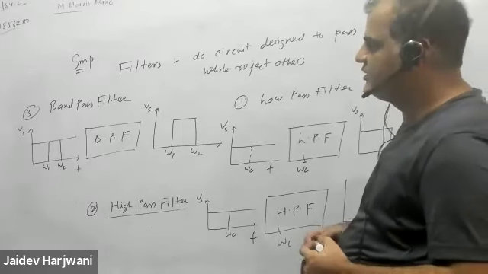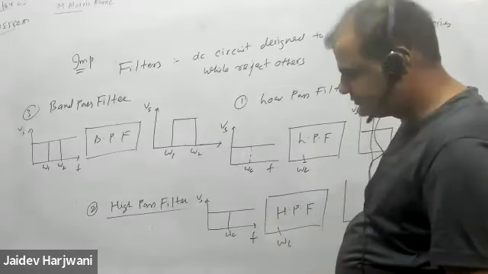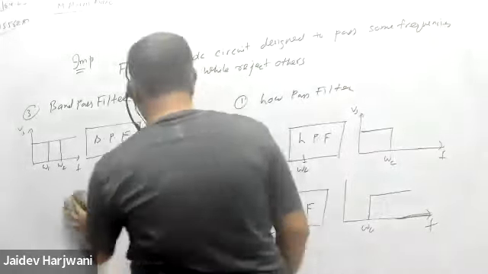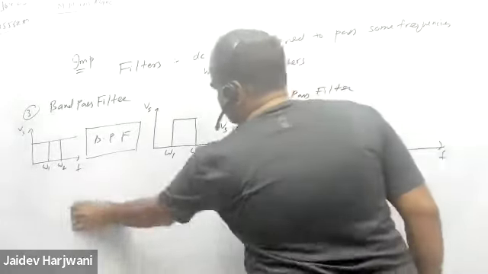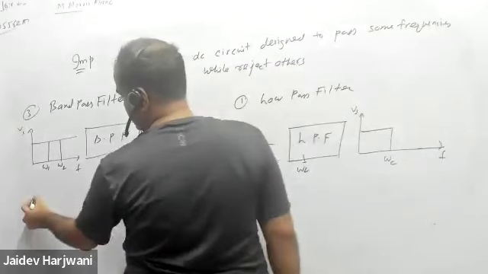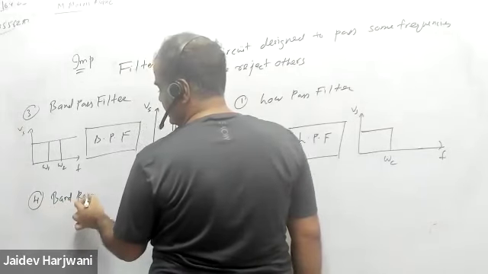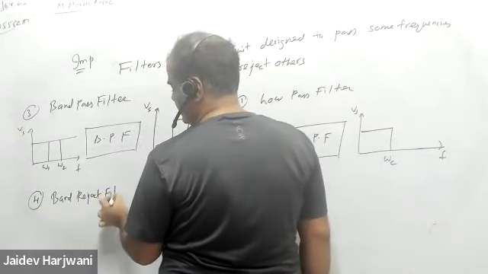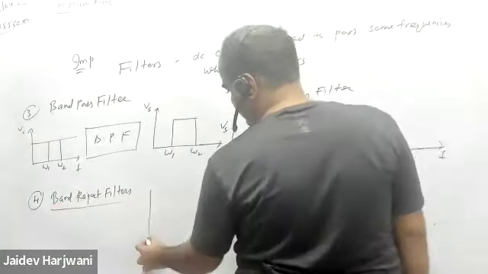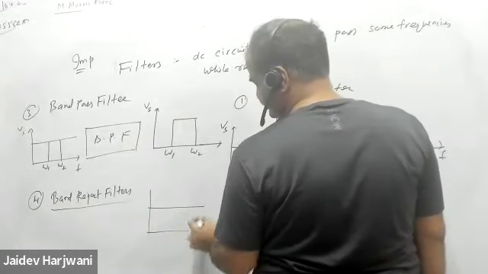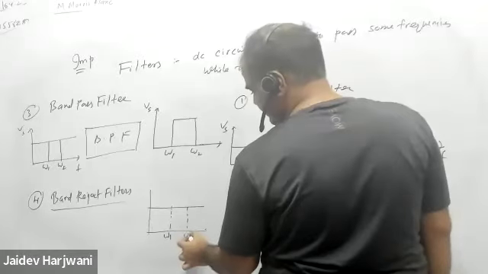And the last is your band reject filter. So you have the whole range of frequencies, but a certain range will be rejected.